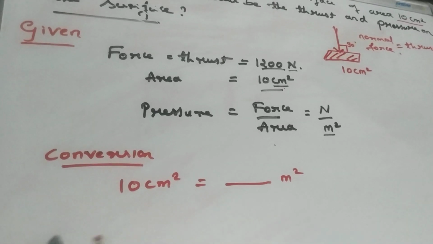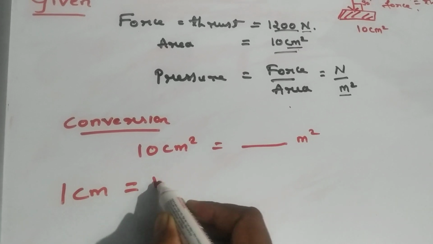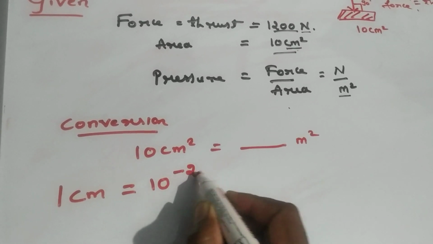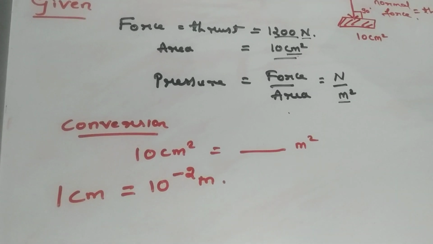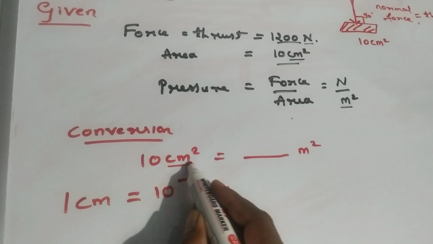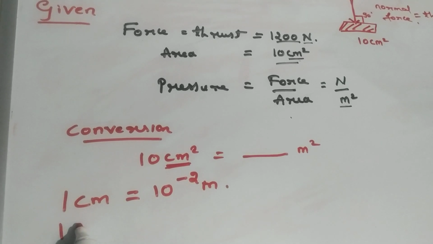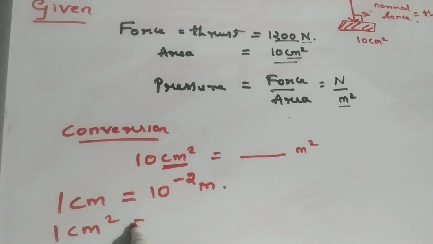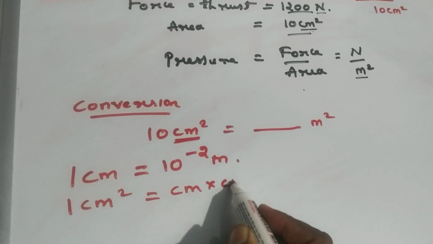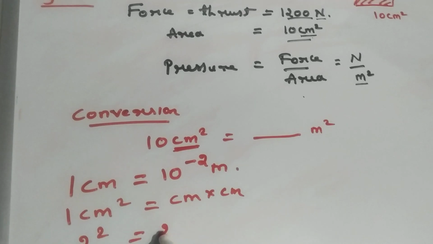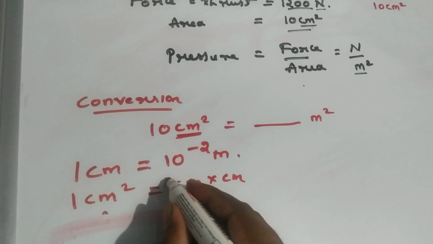I already told you in the last video that 1 centimeter can be written as 10 to the power of minus 2 meter. Here it is centimeter square, so 1 centimeter square can be written as centimeter into centimeter, just as 2 square can be written as 2 into 2.